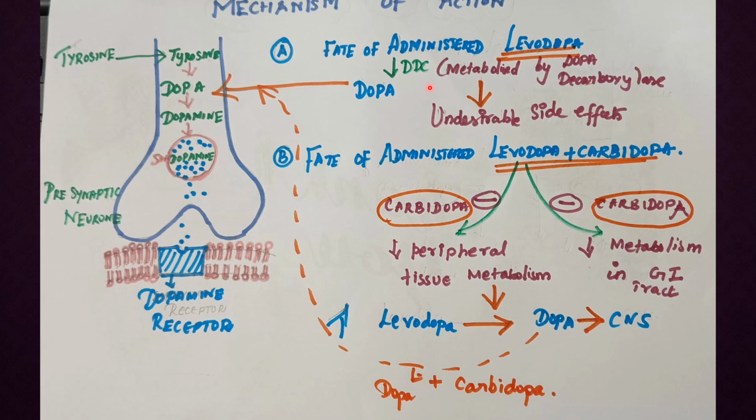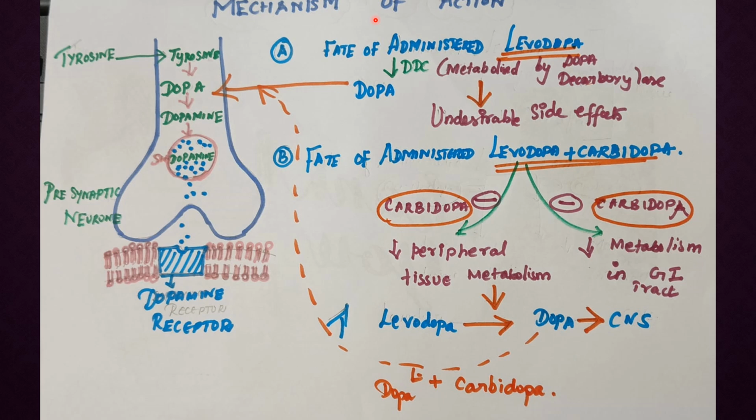So peripherally it is converted into dopamine, and it produces undesirable side effects or adverse drug reactions like nausea and vomiting when you give this drug alone. But the common prescription, or the current dosage for a Parkinson patient, is combination therapy: it is always given as levodopa and carbidopa.